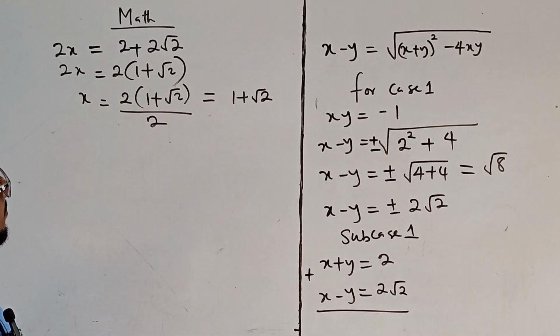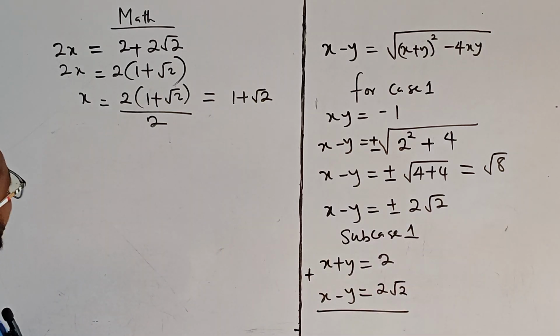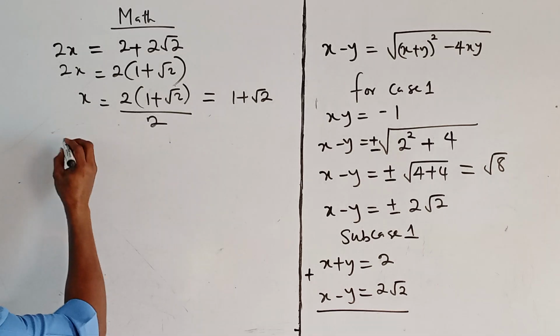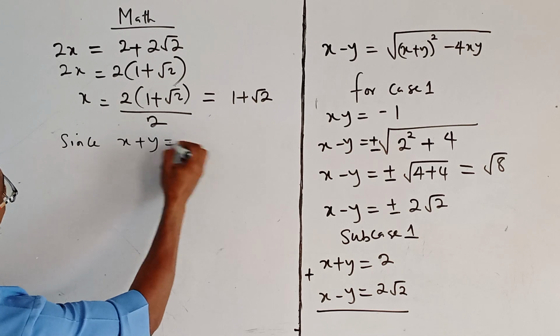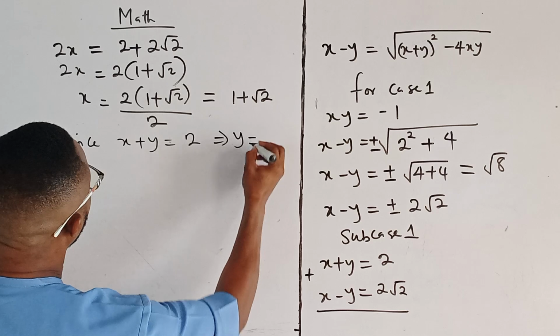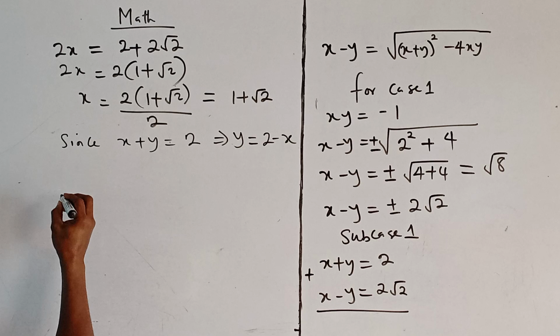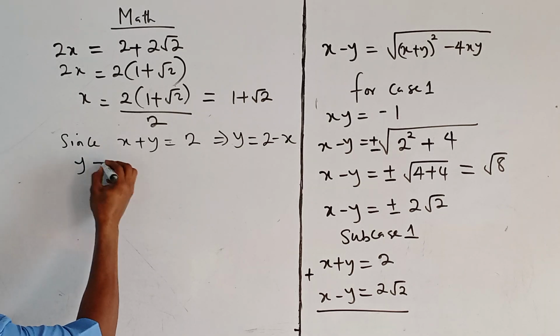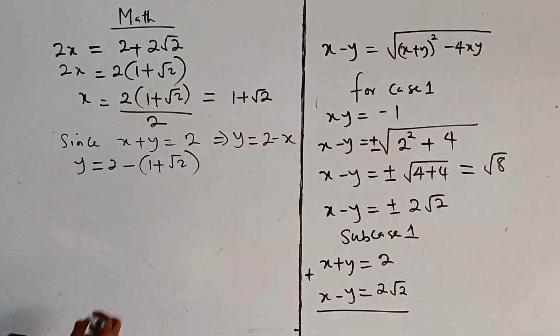Then we move forward. It's a nice problem with a very beautiful solution. Then if I substitute into this equation here, since x plus y equal to 2, it implies that y equal to 2 minus x. So I'm going to be having the first value of y to be y equal to 2 minus (1 plus rad 2).